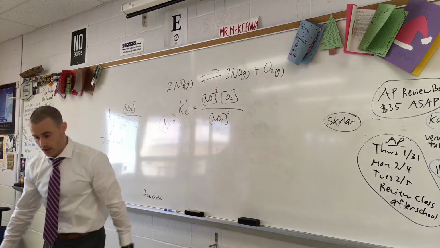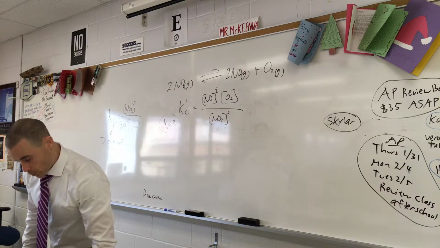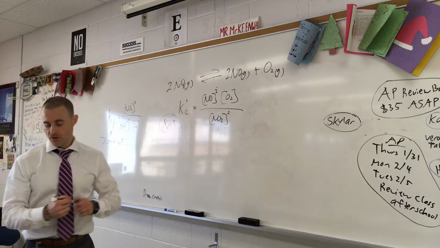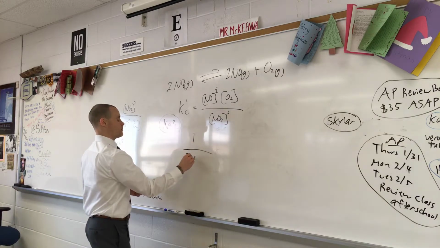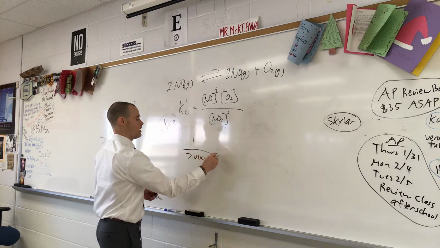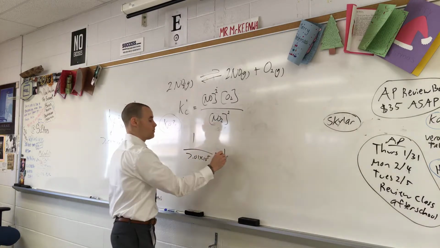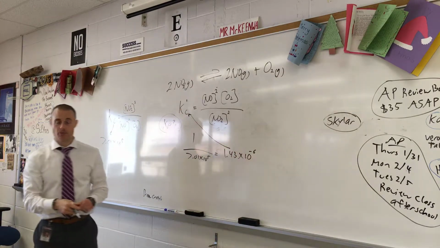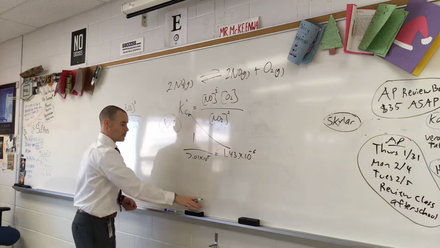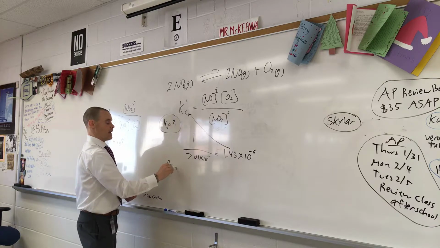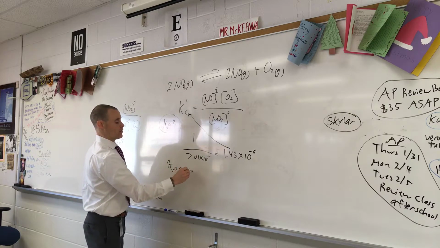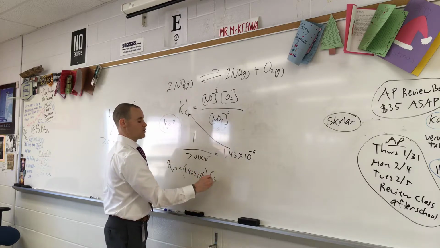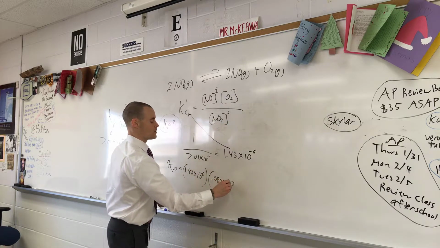Do you get 1.43 times 10 to the negative 6? Yep. Okay, good. So yeah, if we take 1 over 7.01 times 10 to the 5th, we get 1.43 times 10 to the negative 6. So that's going to be our Kc prime. Then we plug that number in to find Kp. So 1.43 times 10 to the negative 6 times 0.0821 times 473.